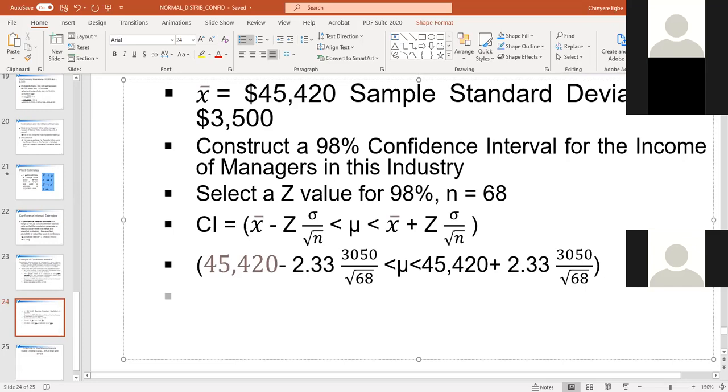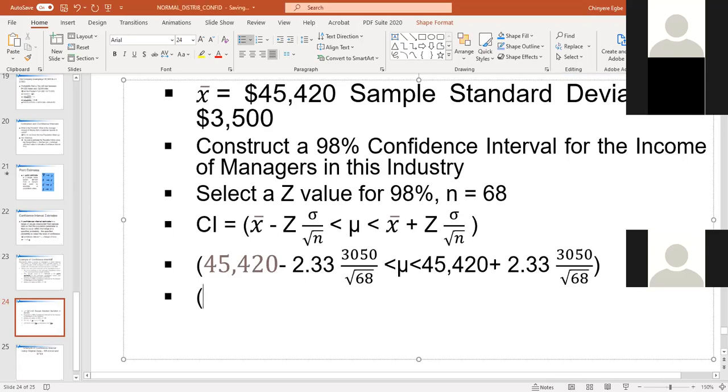We say the square root of 68, all right, so we have 8.246.